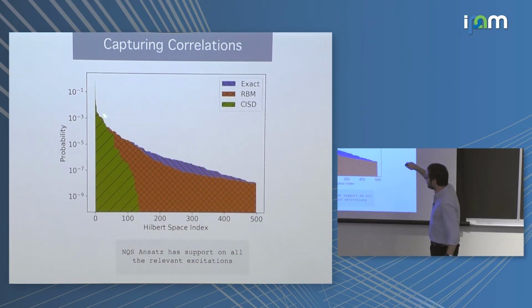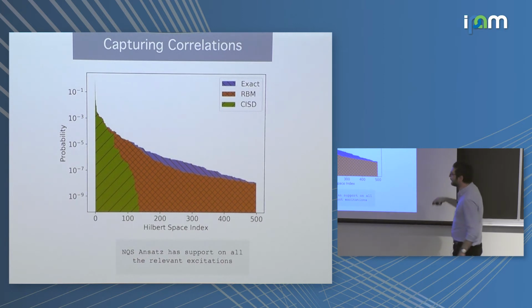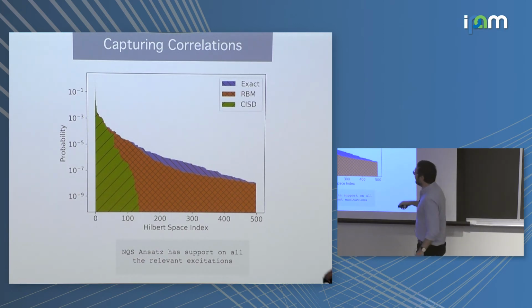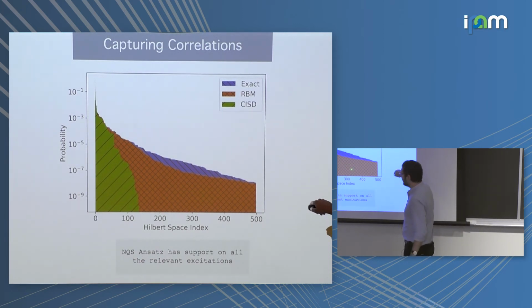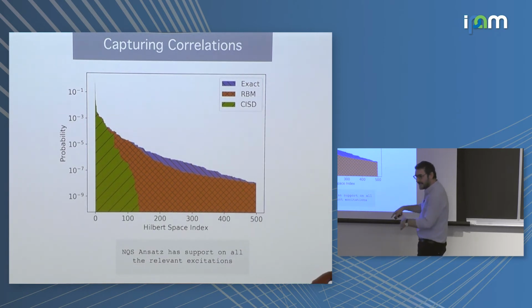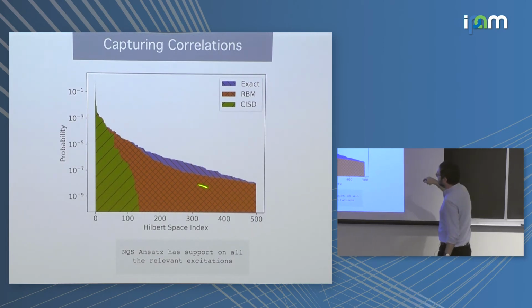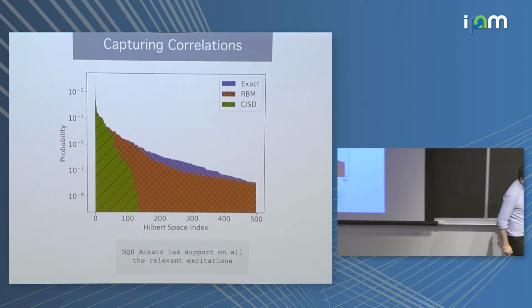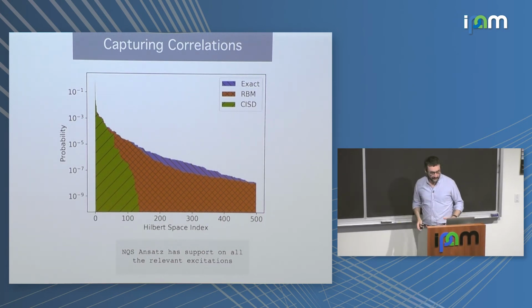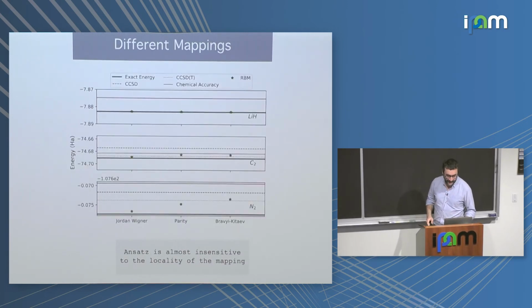But there is also a very important support on a lot of other excitations, and actually this is what gives you the chemical accuracy, not so much this one. It's important that your method can also capture this tail in the wave function. And you can see that the RBM can capture this tail, as opposed to this simple wave function where you have just singles and doubles on top of the Hartree-Fock. So it seems that we are able to capture more complicated correlations.